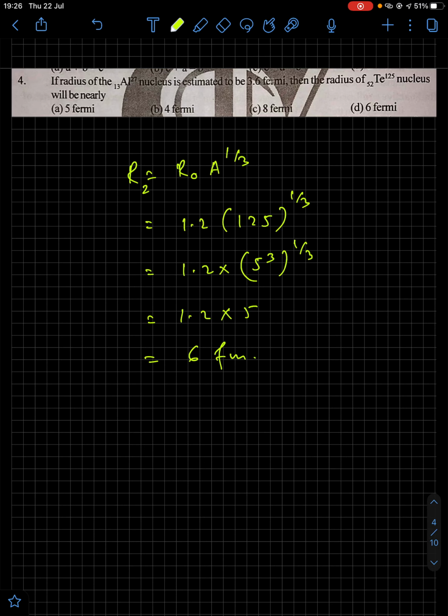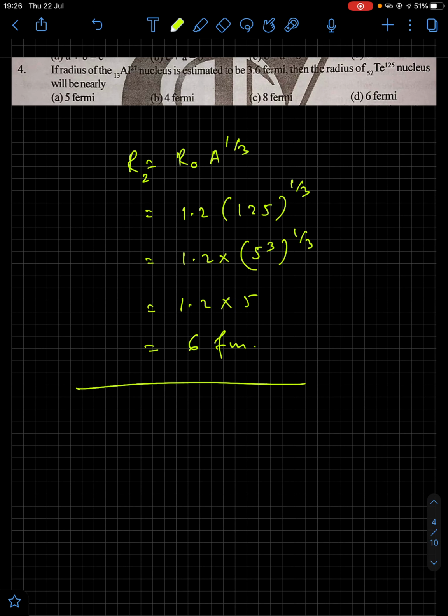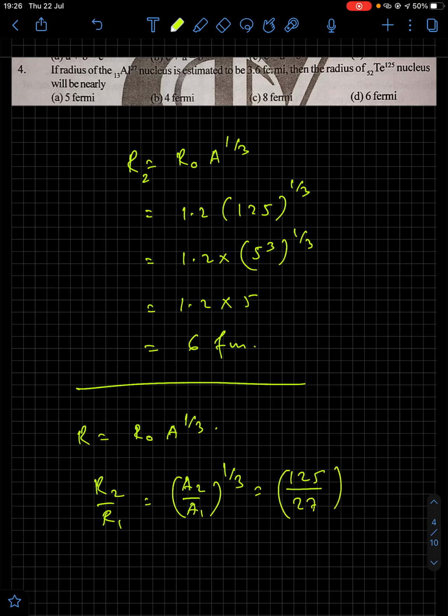This is one way of doing it. The other way is, we know R equals R naught A to the power 1 by 3. So R2 by R1 equals A2 by A1 to the power 1 by 3. Second case, 125, divided by the first case, mass number 27, to the power 1 by 3, which gets you 5 by 3.